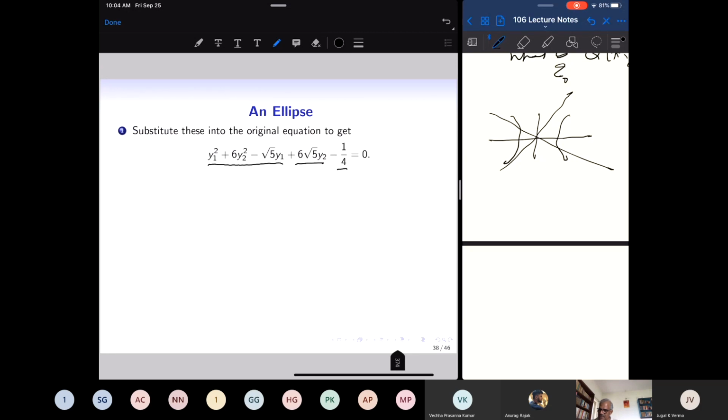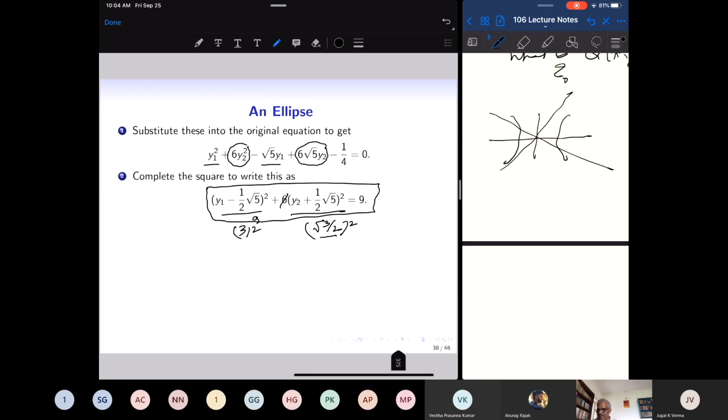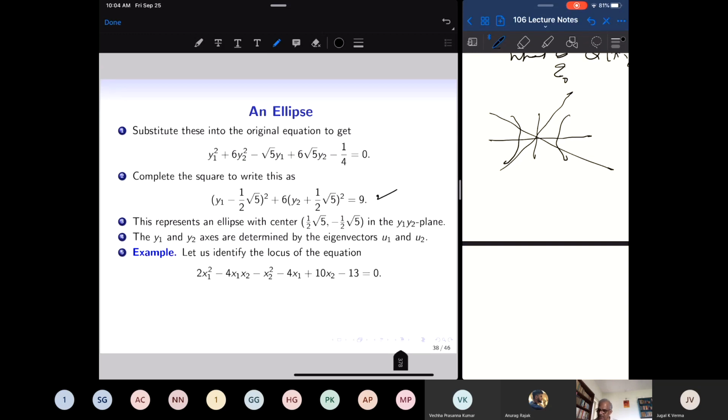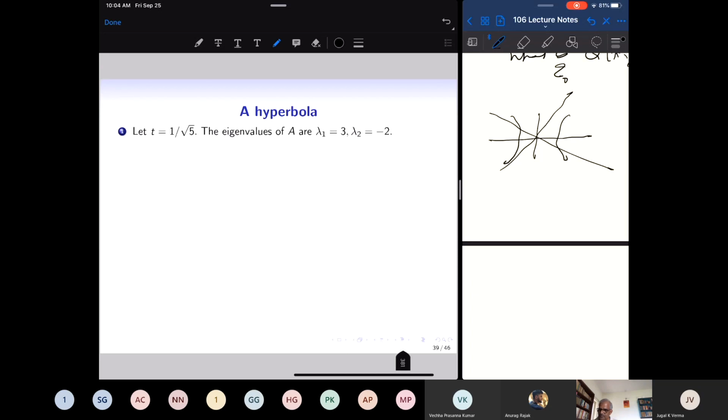So they have the same sign. So when lambda 1 and lambda 2 have the same sign and they are non-zero, then they will represent an ellipse. When lambda 1 and lambda 2 have opposite sign, the equation will represent a hyperbola. When one of them is 0, I will get a parabola.